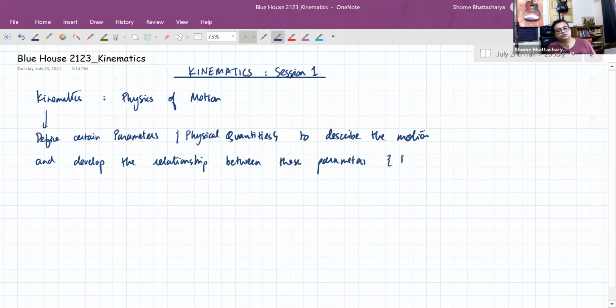So those are called the equations of motion. So this whole chapter and this whole part of physics is about the equations of motion.